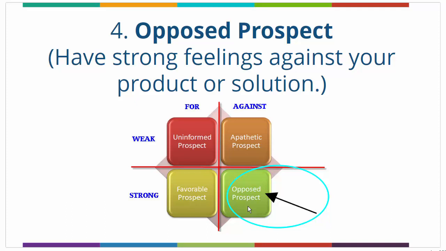This adjustment to the Monroe's motivated sequence pattern works very well in that particular market, because here's a market that a lot of people seem to have a negative attitude towards. Maybe they have tried network marketing before and they have been burned, and they're now in the position where they don't want to do anything with network marketing.